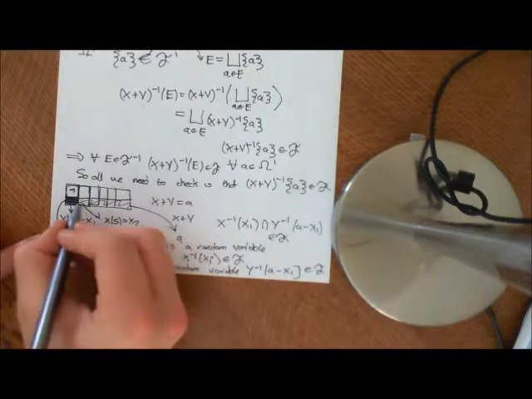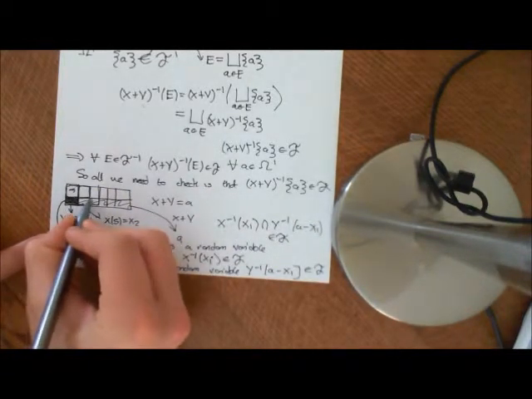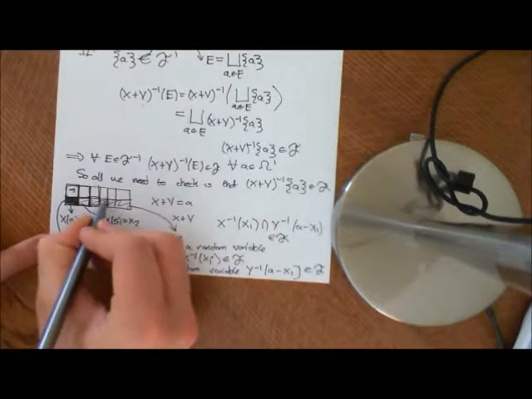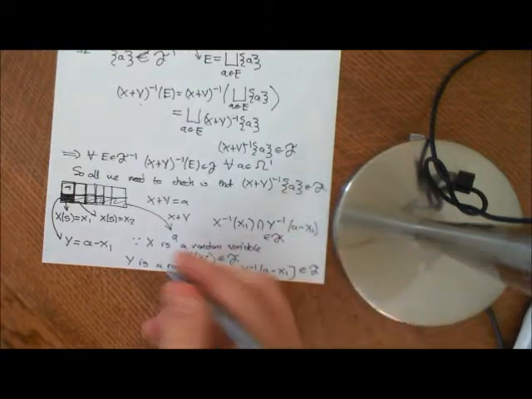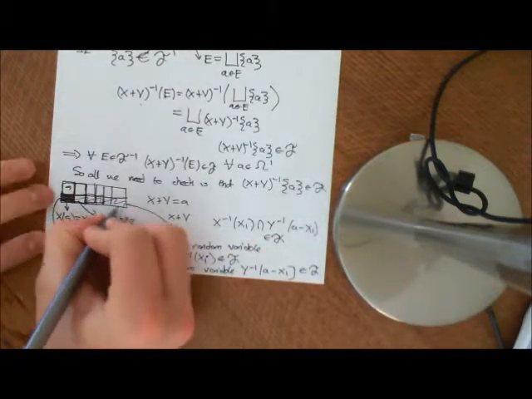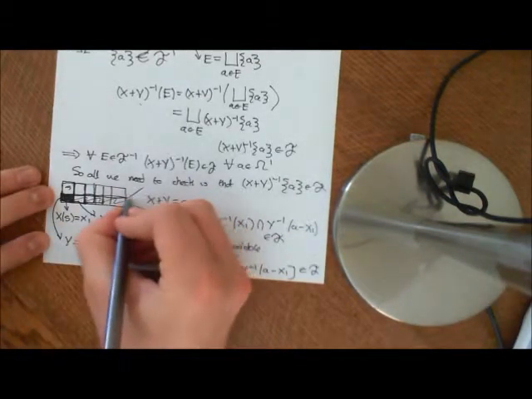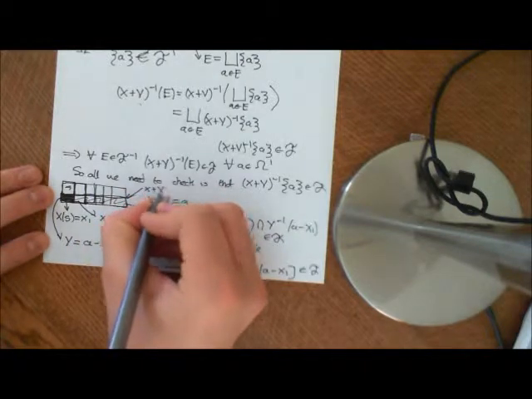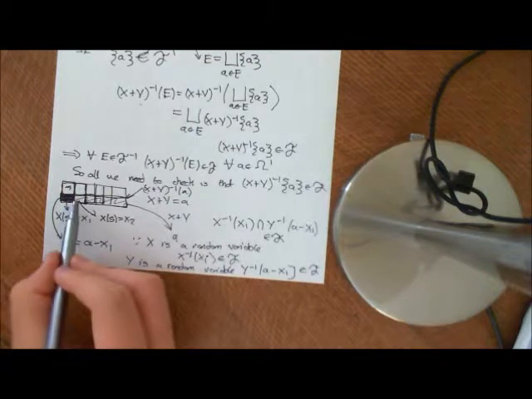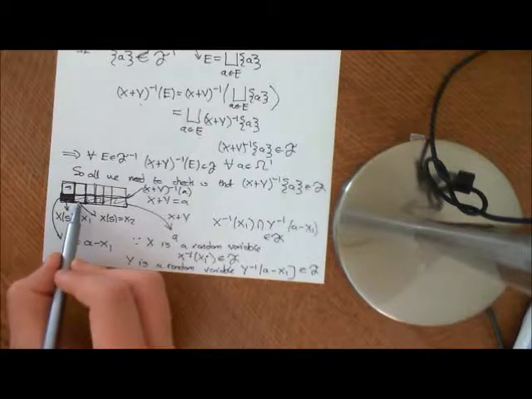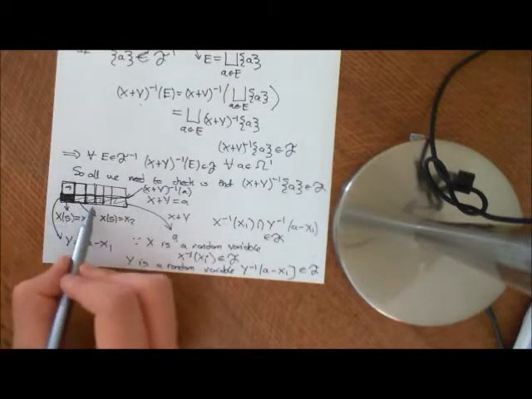Now, if we union up all of these little sets, that is equal to the inverse image of a under x plus y, so x plus y inverse of a. This set here is x inverse of x2 intersection y inverse of a minus x2, and so on for all of them.